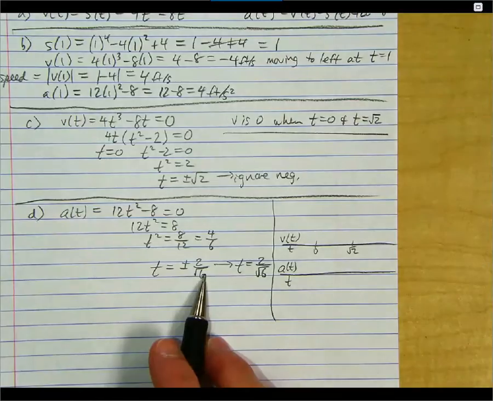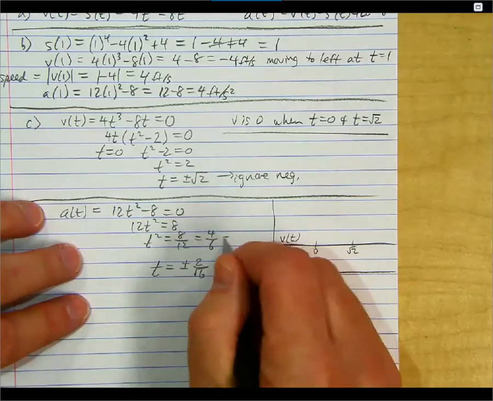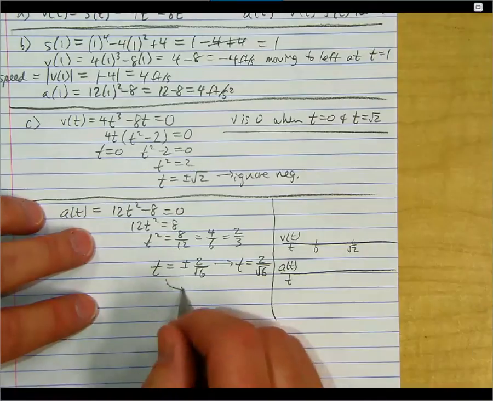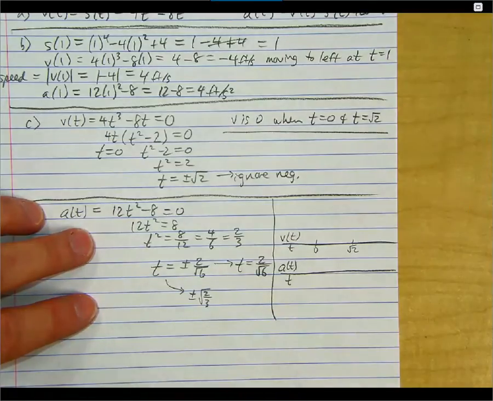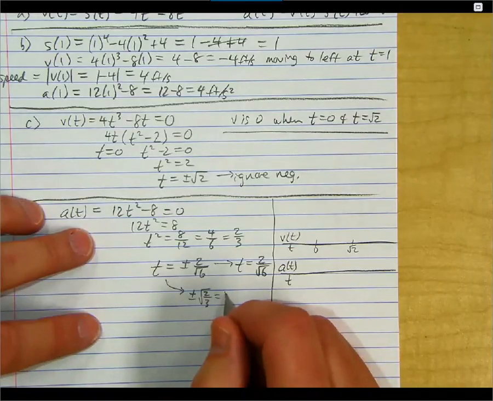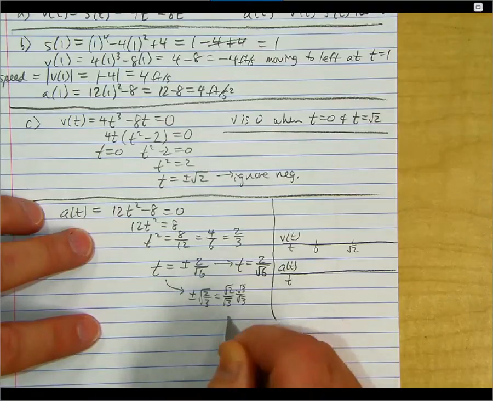Well, I'm looking at my notes here and I had a different answer. Did I mess up again? Oh, I see what it is. I could have made this a 2/3, which means down here it would have been plus or minus square root of 2/3, which, if I were to rationalize, we'd have a rad 2 over rad 3 times rad 3 over rad 3, which is rad 6 over 3.